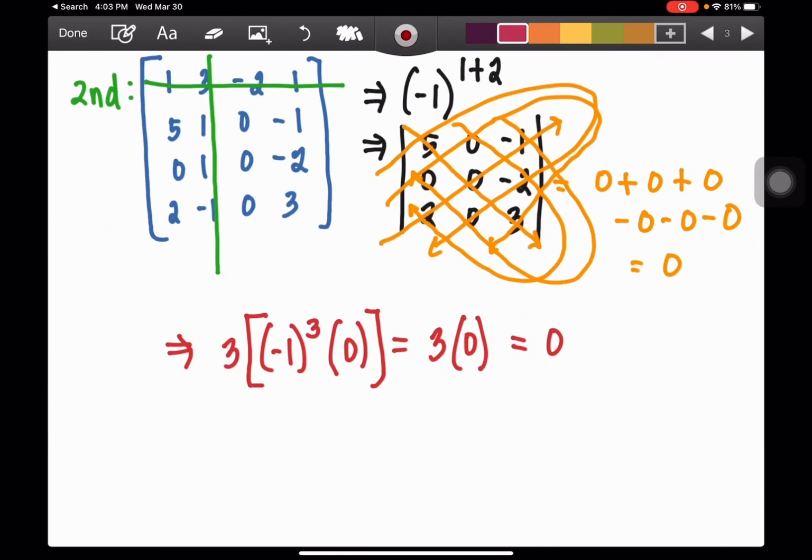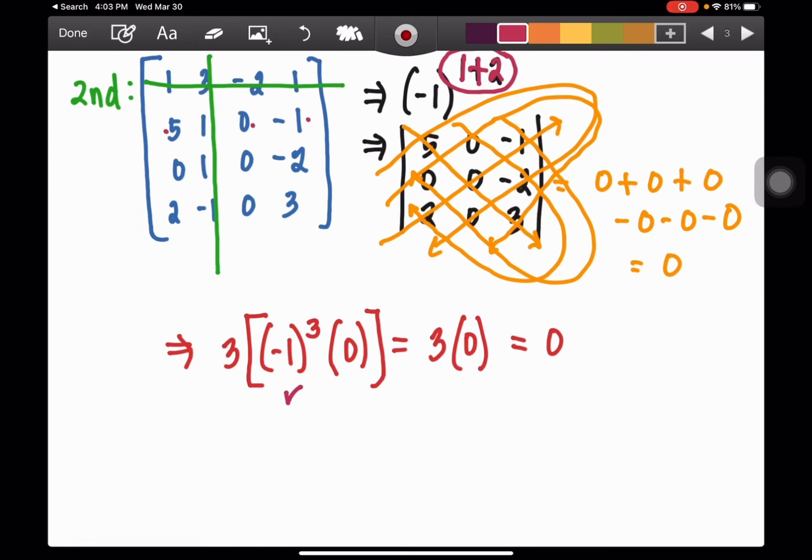So we eliminate the first row and the second column so that our exponent here becomes 1, first row, plus 2, which is the second column. Okay, so we have -1 to the third power or cube. Then we get the determinant of the remaining values or elements here.